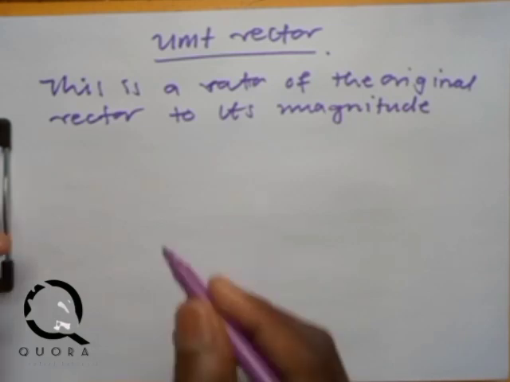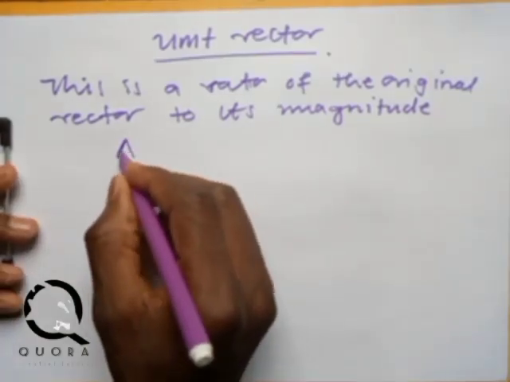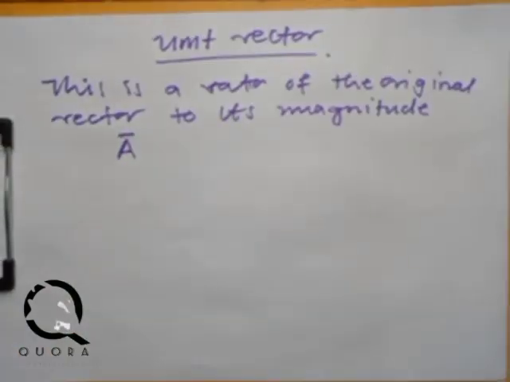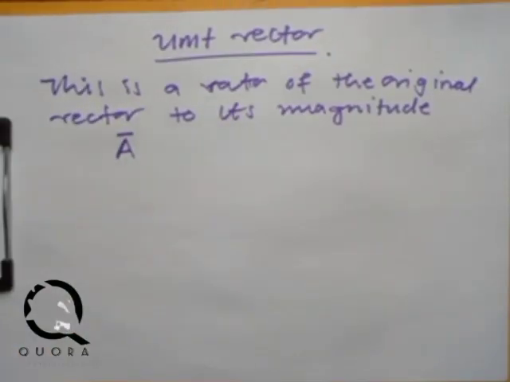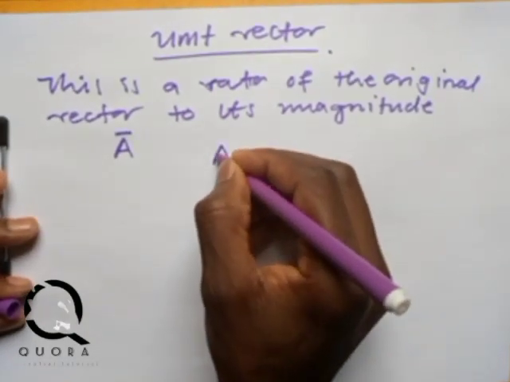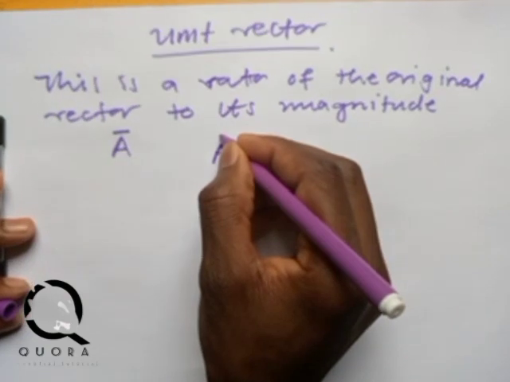And if I've been given vector A, I want to find the unit vector of vector A. How do you find it? We normally put something like an apostrophe on top, or something which expresses, maybe like you are dealing with the angle. So a unit vector is expressed like this. For vector A to find its unit vector, you write it like this.